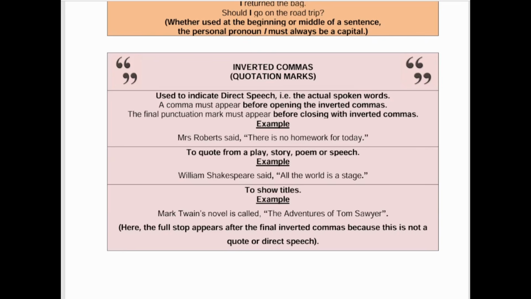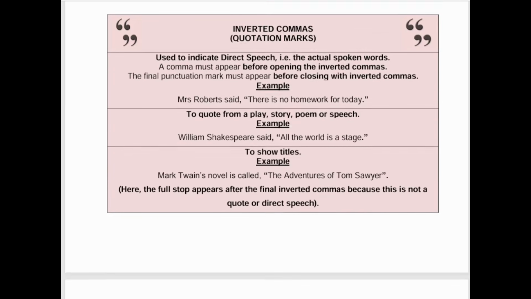If you have quoted the title of a certain book, at the end of that title you quote using inverted commas, then you put a full stop at the end. But if you want to quote some words that someone said, the full stop should come first, followed by the inverted comma at the end. I hope you have understood that one.